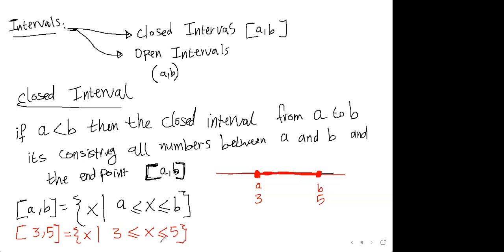This is the closed interval. Any question? The closed interval has all the elements between 3 and 5, and also 3 and 5 themselves, because they are endpoints. This is called endpoints.